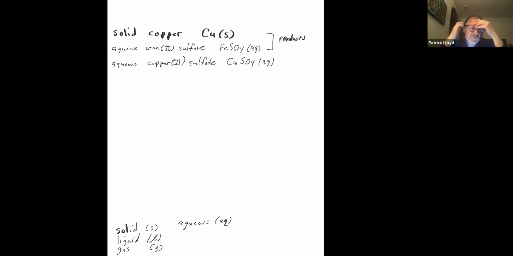So aqueous copper sulfate and solid iron. Okay, iron is Fe, be careful, it's not IR. IR is iridium. Fe is iron. Okay, it says solid, so I'll put an S there. And then it says are produced by the reaction of, meaning these are the reactants.